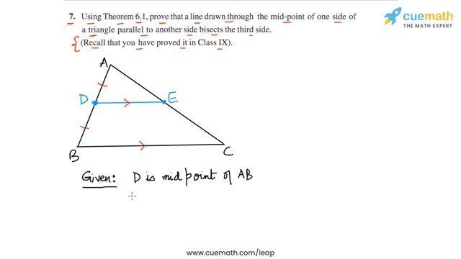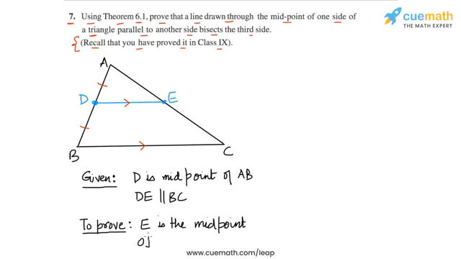And we are also given that DE is parallel to BC. And using this, we have to prove that, what do we have to prove? We have to prove that DE bisects AC, or E is the midpoint of AC. So this is what we have to prove. And we have to use theorem 6.1. We have to use the basic proportionality theorem to do this.